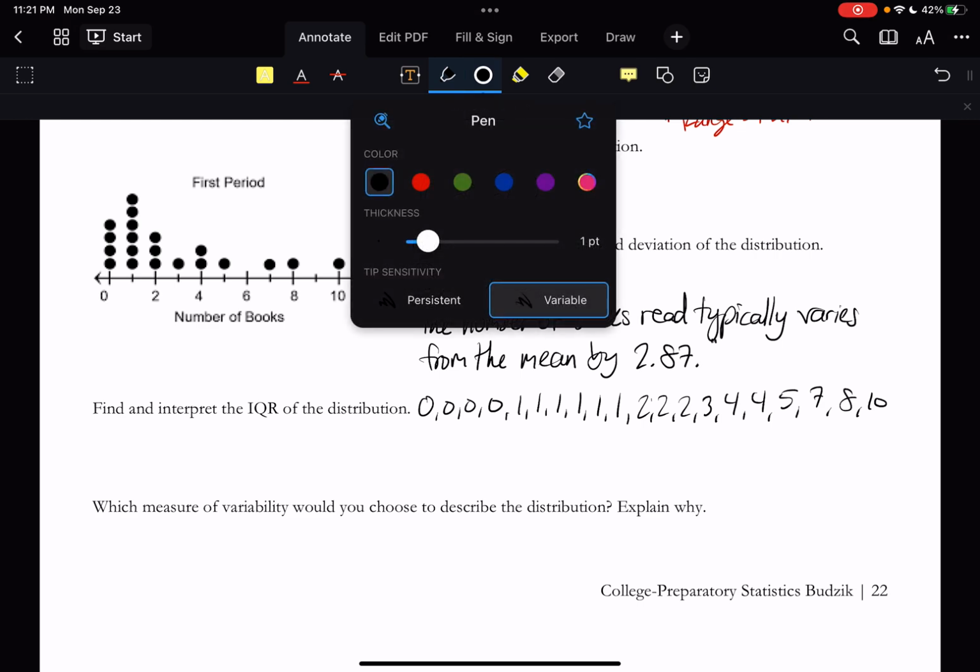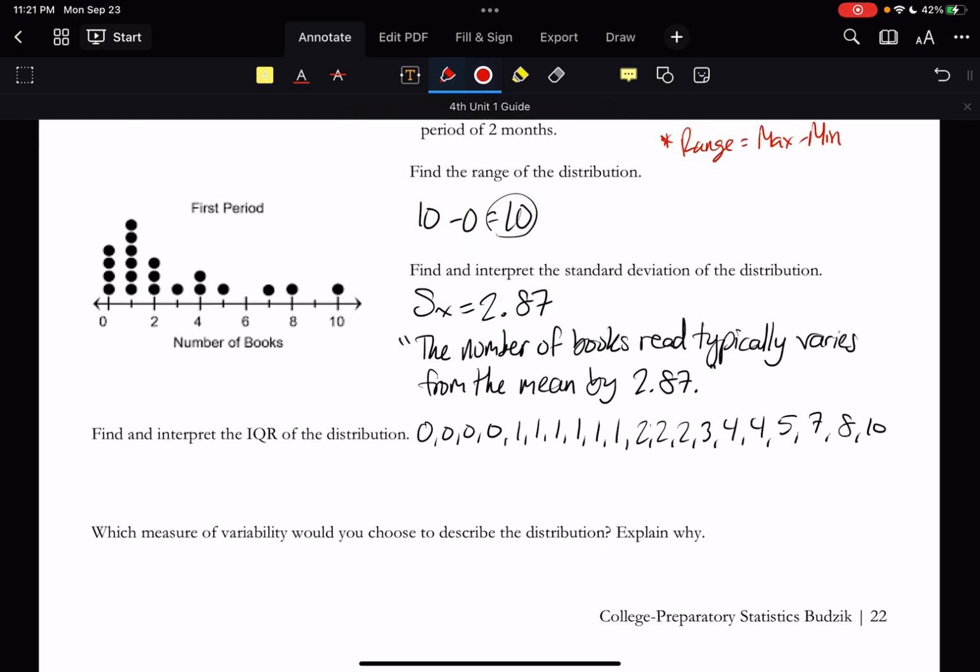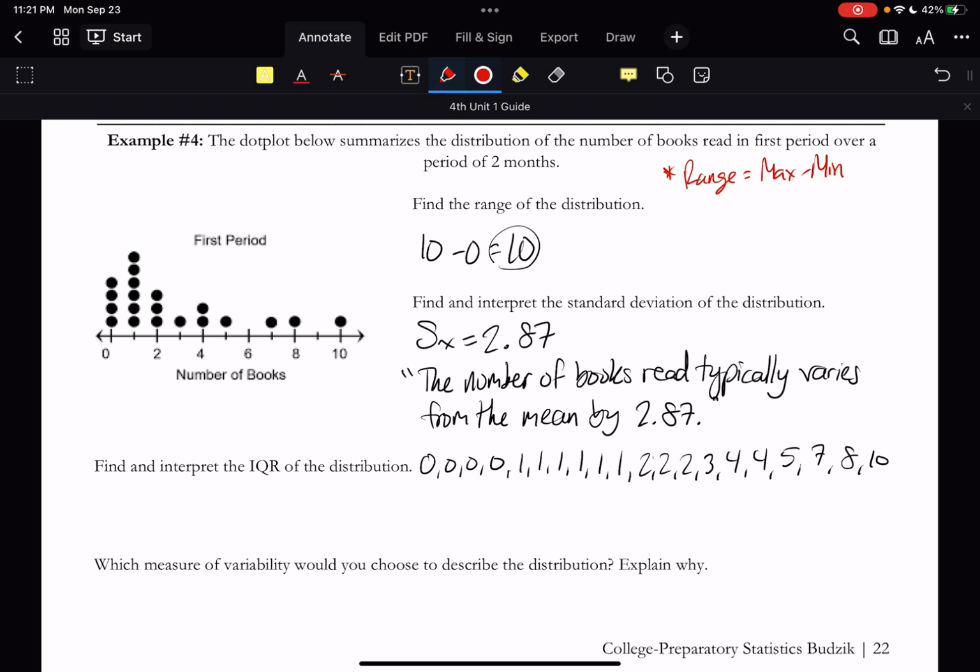So I got to start again. I need to find the median. So I have, if I take a count, 20 data points. I'm going to split this by 10. So 1, 2, 3, 4, 5, 6, 7, 8, 9, 10.